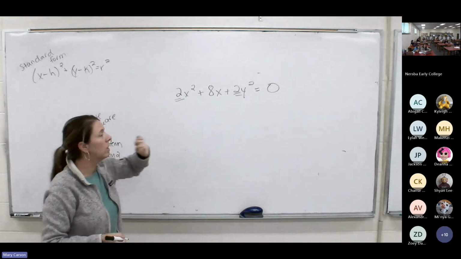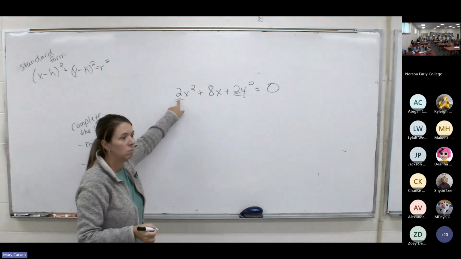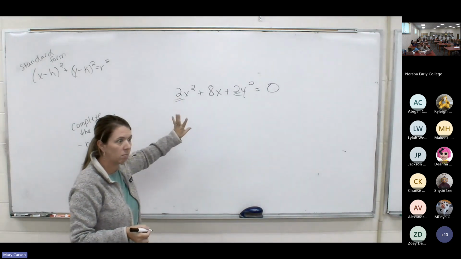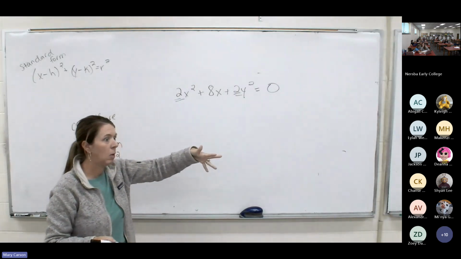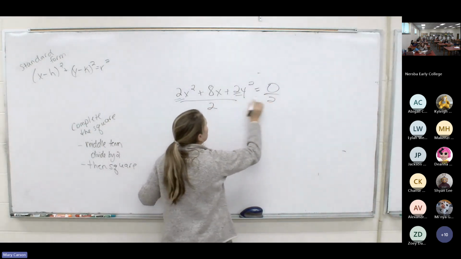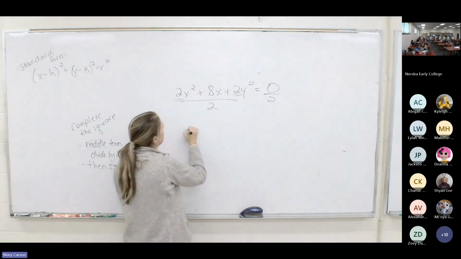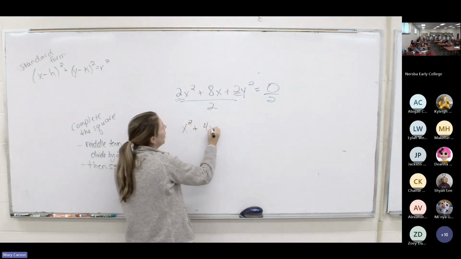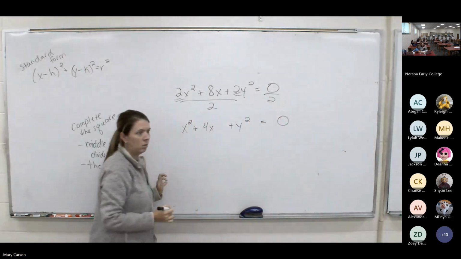So before you complete the square, you have to get rid of this 2, because you're not going to be able to complete the square unless the coefficient is 1. So we could divide this whole thing by what? 2. And it works out nicely. So this would end up being x squared plus 4x plus y squared equals 0.